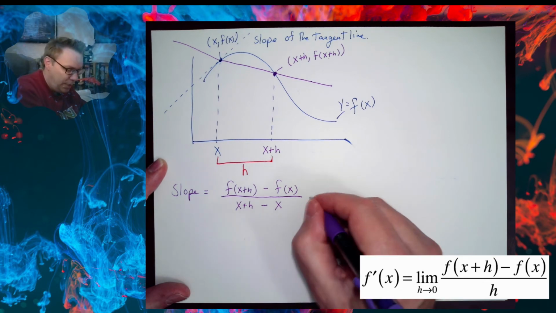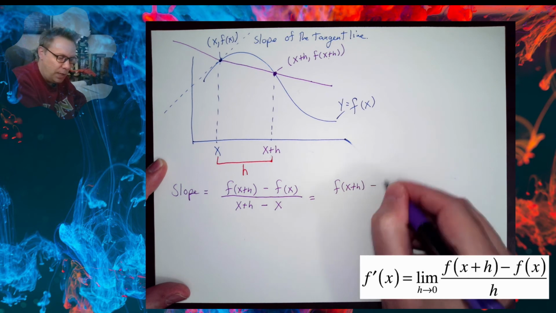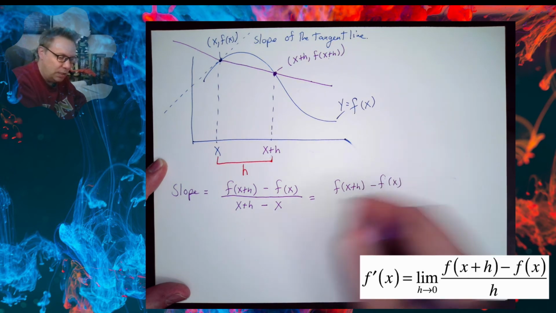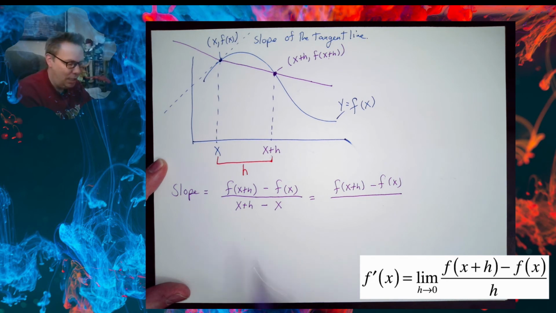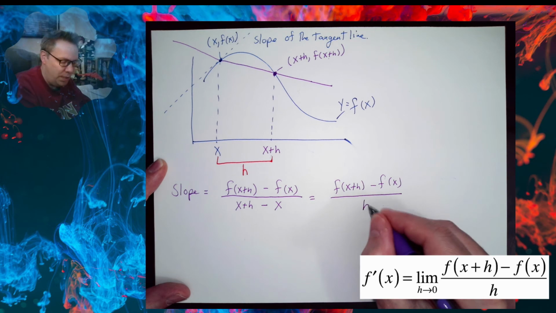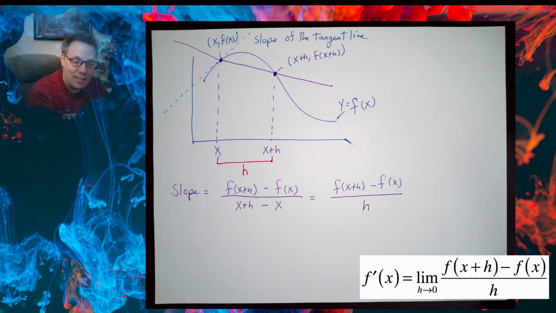If I do a little simplification, I wind up getting f of x plus h minus f of x. I can't simplify the numerator, but what happens to the x's in the denominator? I wind up just getting an h. So this is the slope of the purple line, the secant line.